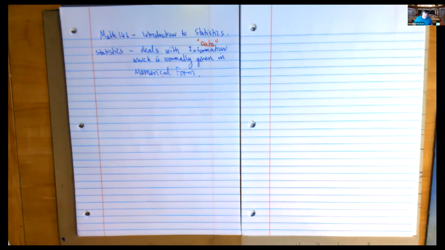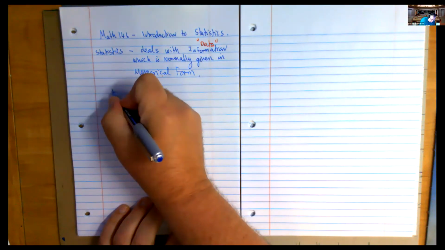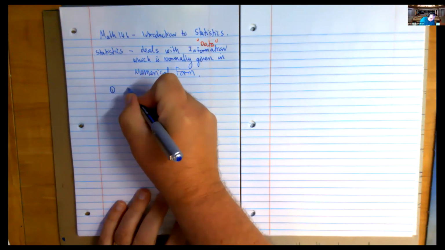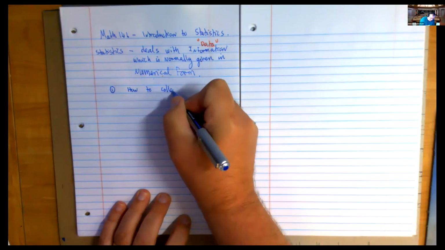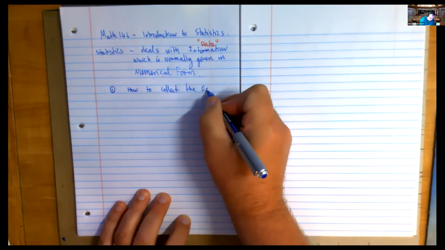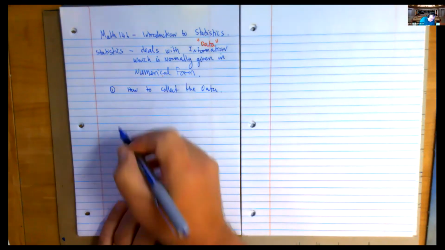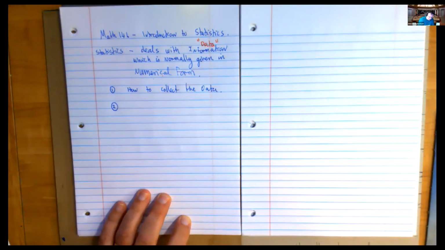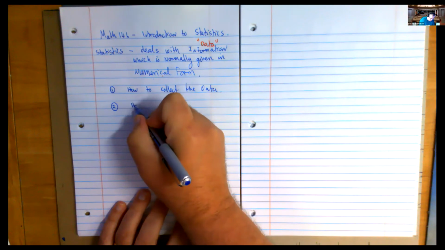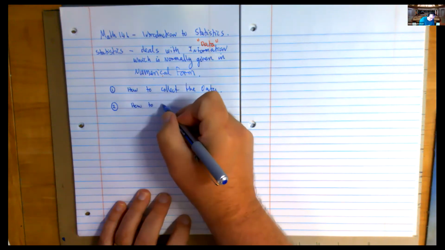And what does statistics do? Well, it starts off at the beginning with how to collect the data. Second step is, well, if you've collected, how do you summarize it?